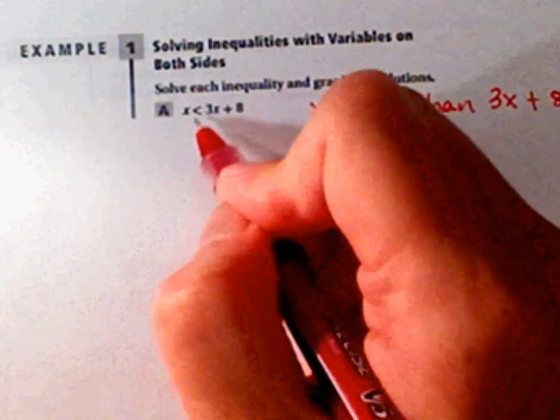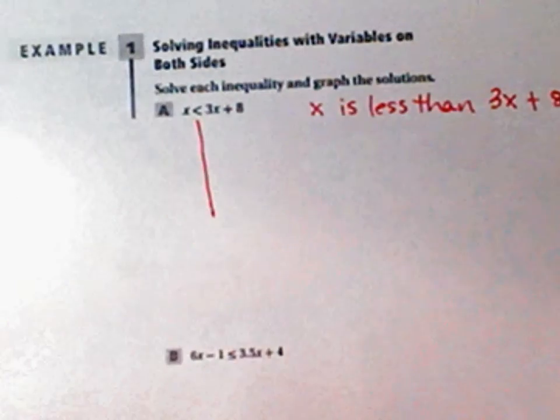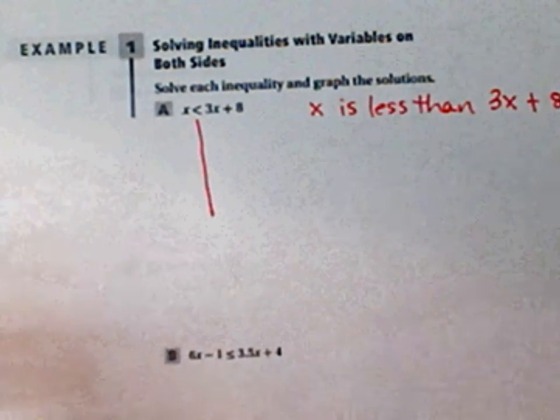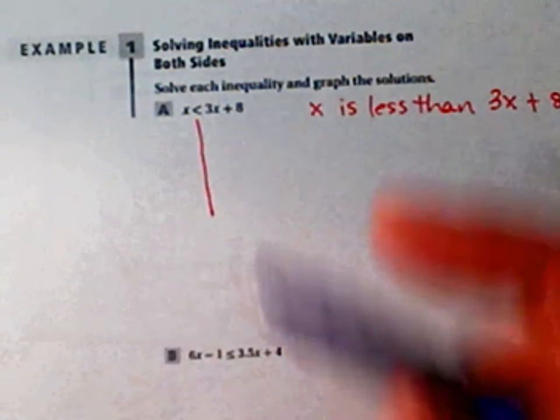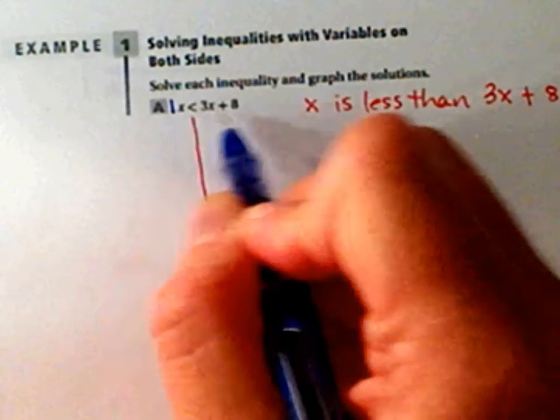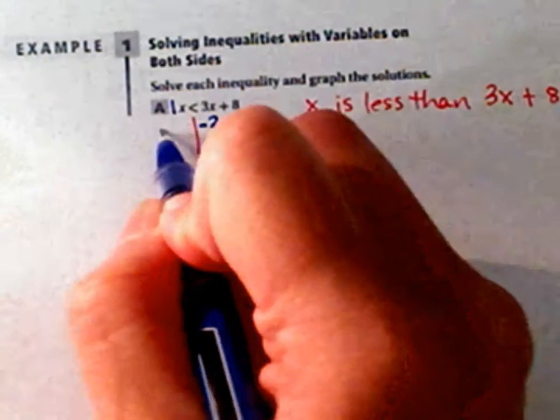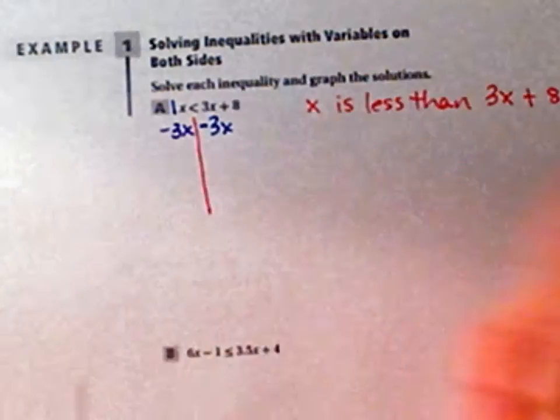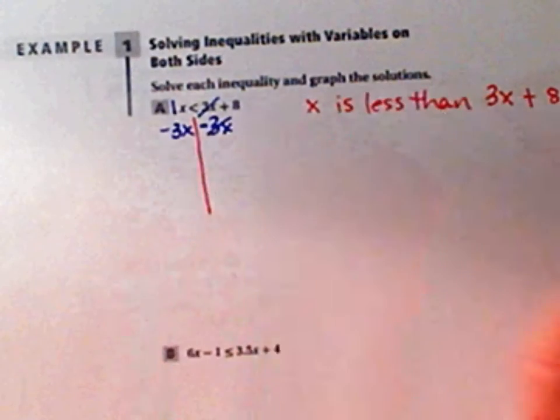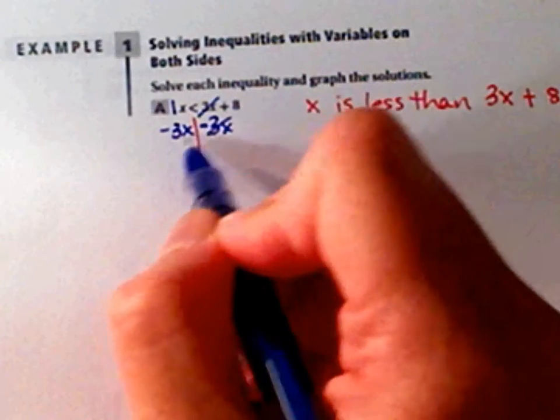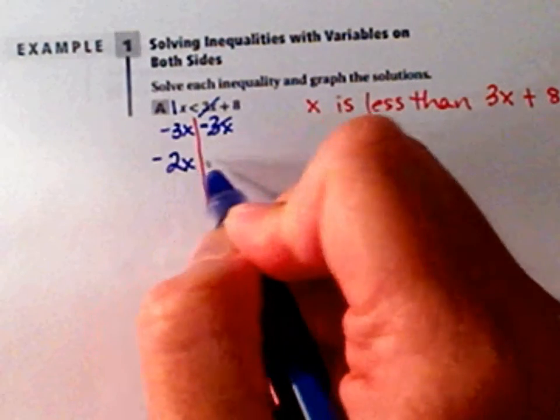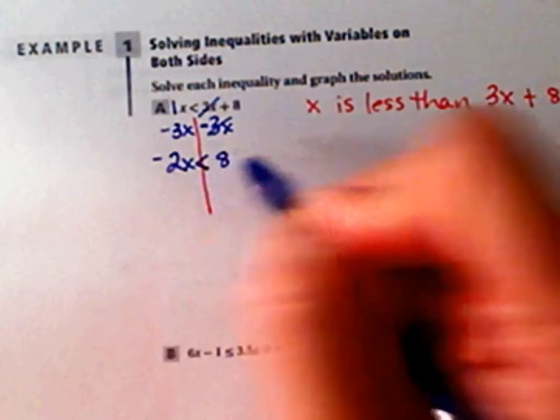Okay? So how would you solve? You're solving for x. So you got 1x, and that's 3x. So I'm going to subtract 3x. What you do to one side, you do to the other. 1x minus 3x is negative 2x, less than 8.